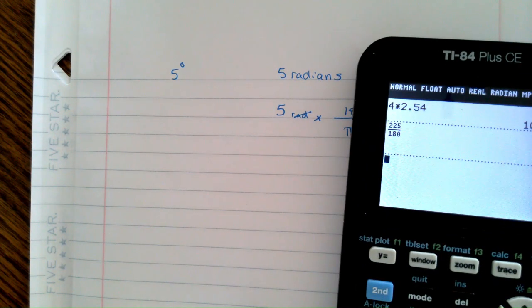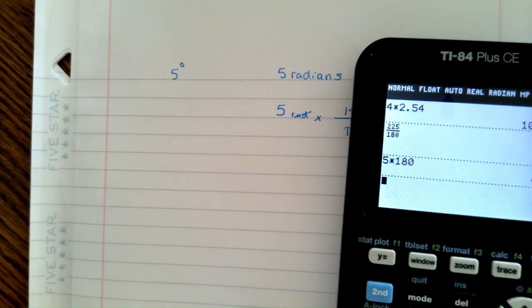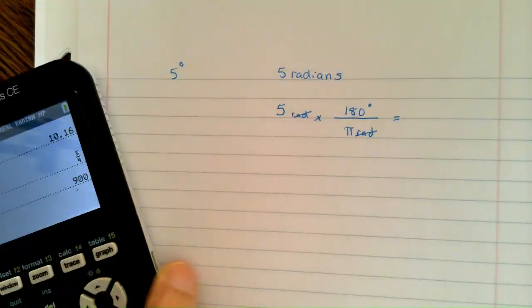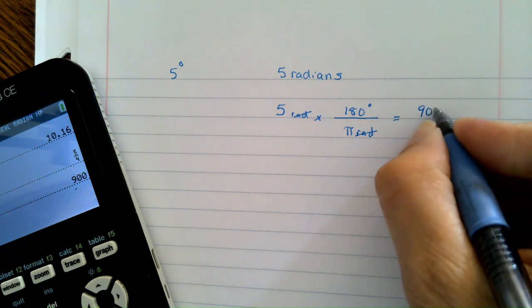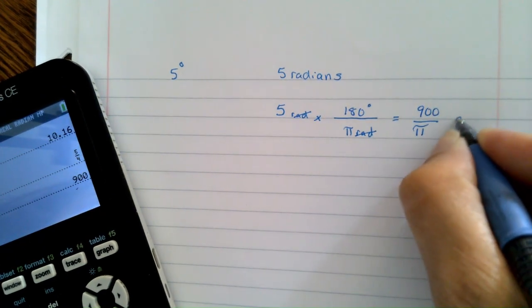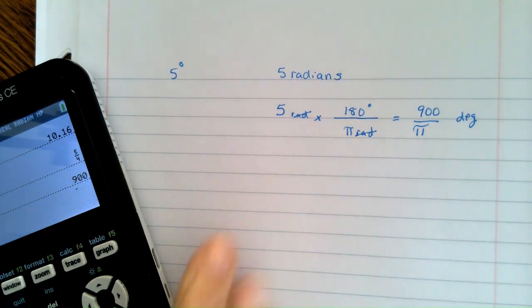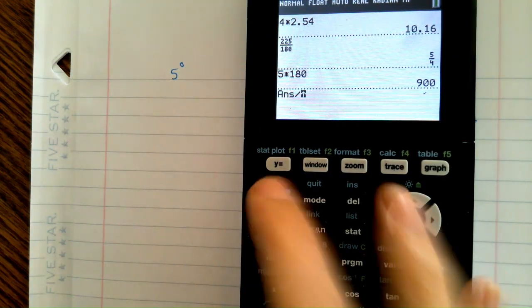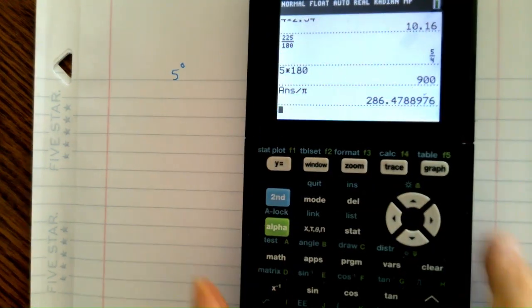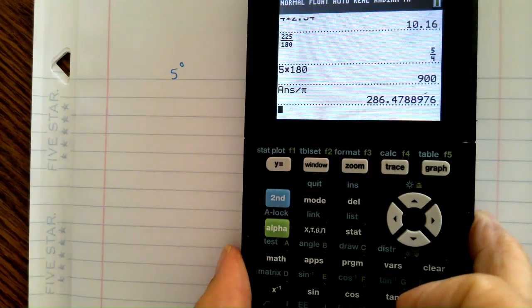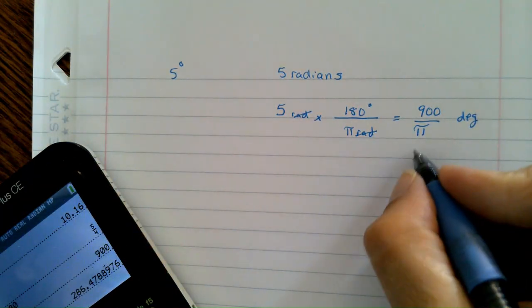So we'll do 5 times 180, 900 over pi. Well, it's not very logical right now, so let's go ahead and divide it by pi. 286.5 degrees.